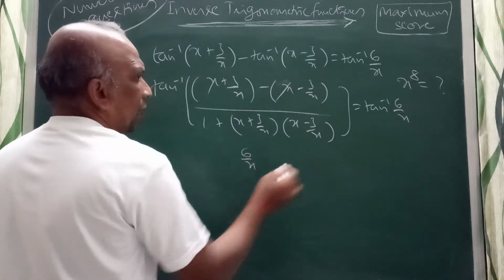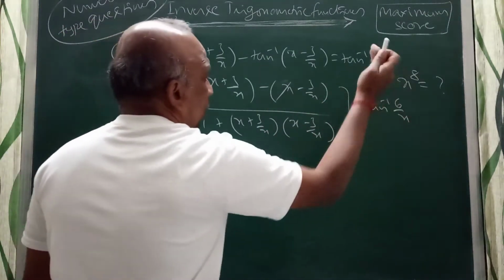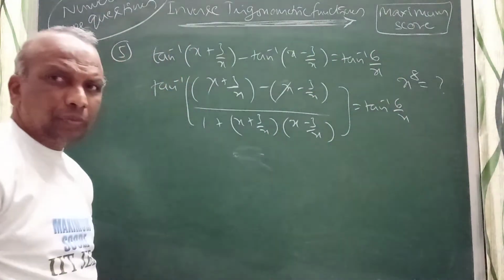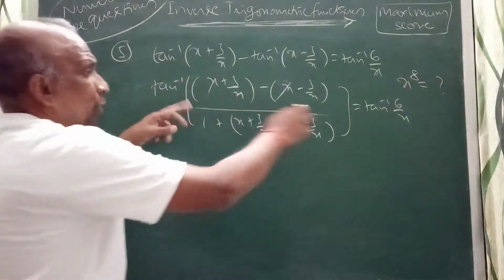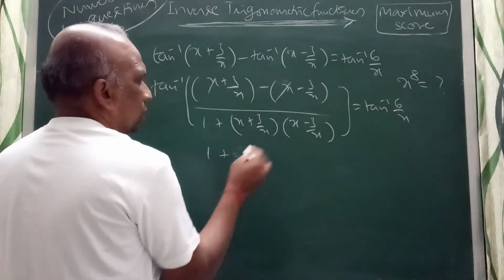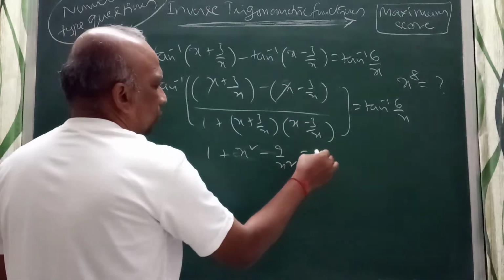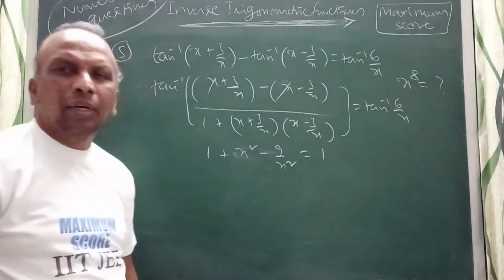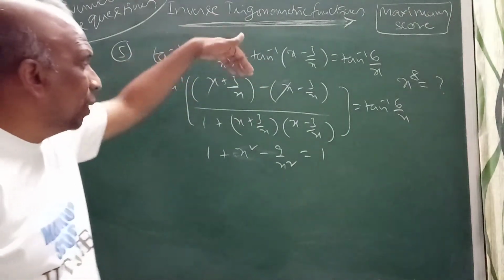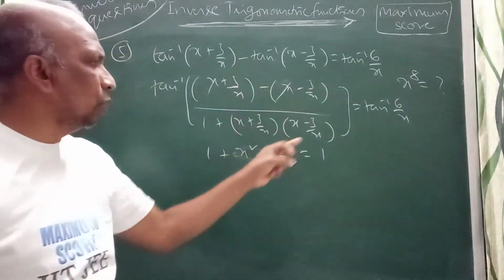So you will get 6 by x equal to, you can eliminate tan inverse 6 by x, cancel that 6 by x. What will come as the result? You will get 1 plus (x square minus 9) by x square equal to 1, right? Understood that? You can simplify, that side will get 1.